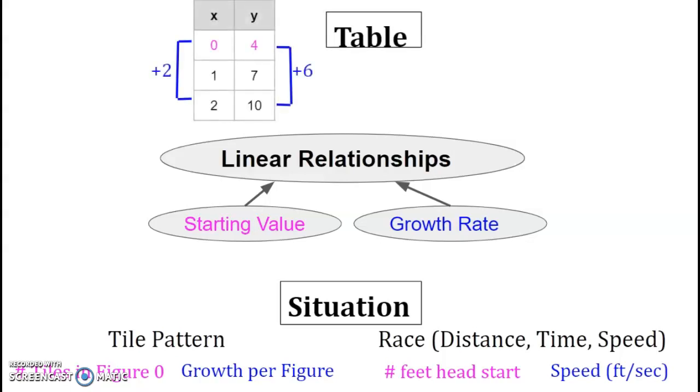Then we talked about tables. If you had a table of values, can you represent it as a linear relationship and come up with an equation? In this case, what was the growth? Every time x increased by 2, y increased by 6, or every time x increased by 1, y increased by 3.